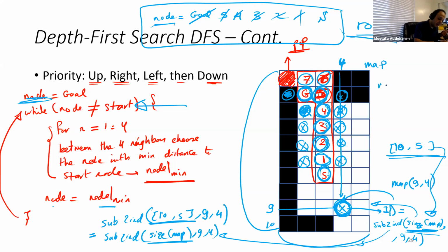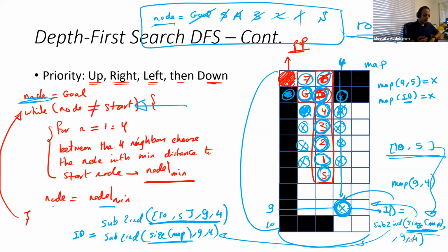Either write map of 9 and 5, which will give us the value there. Let's call it x, 5, 7, whatever. Or we can write it this way: map of ID. Both are the same. And what's ID? ID is equal to sub2ind of this thing.